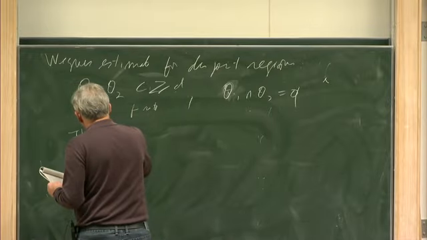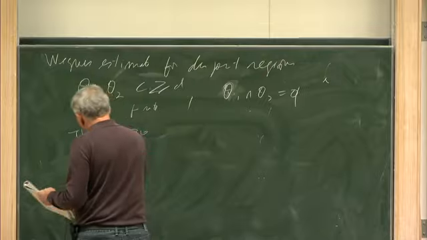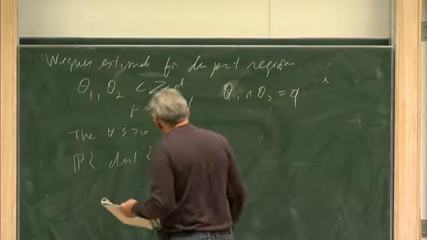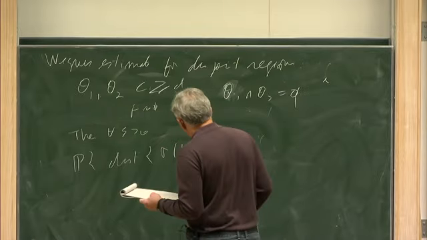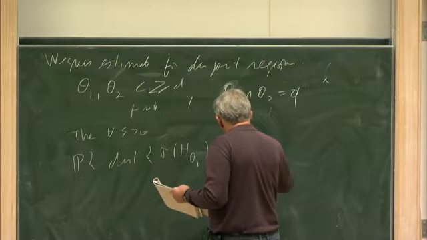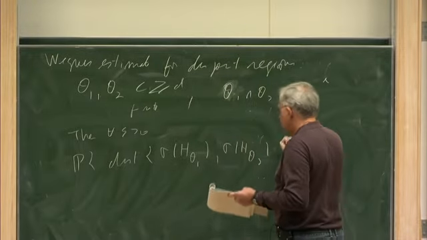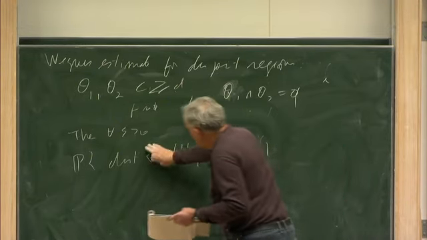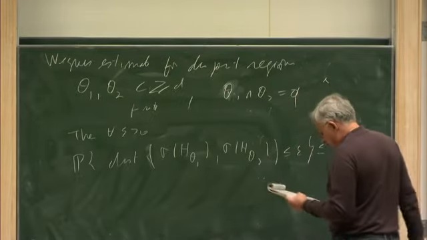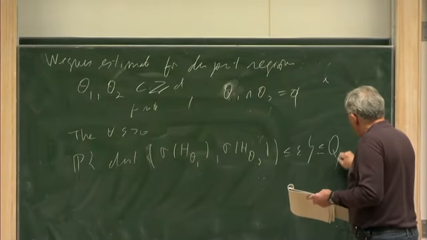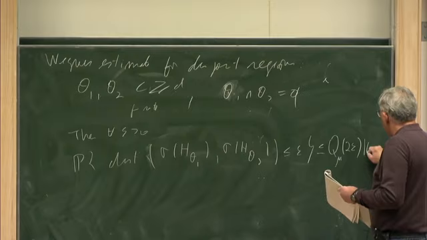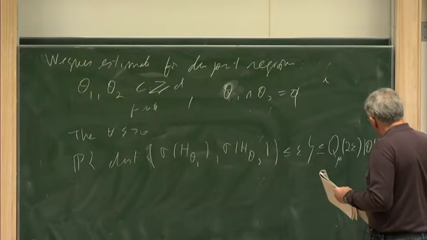Then, for every epsilon, the probability that the distance between the spectrum of H in theta 1 and the spectrum of H in theta 2, the probability that that distance is less than or equal to epsilon is bounded by K mu, which is what you get for Wagner, but you get the product of the two volumes.